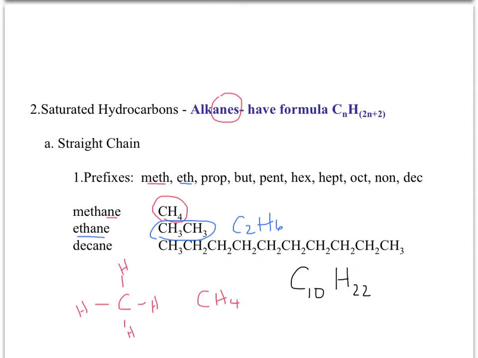So it's got 22 hydrogens. So that's how it goes. If it's just a straight chain, that means they're all in one long line. And you can imagine that zigzag configuration, which we're going to study later.